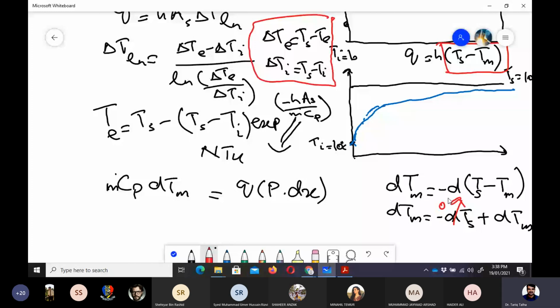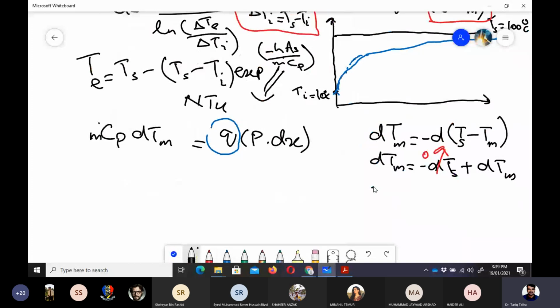So now, if we see what is q here? Okay, what is q? q is the heat flux, right? So heat flux, if we remember from our chapter number 1, convective heat flux, q value is equal to h into Ts minus Tm.